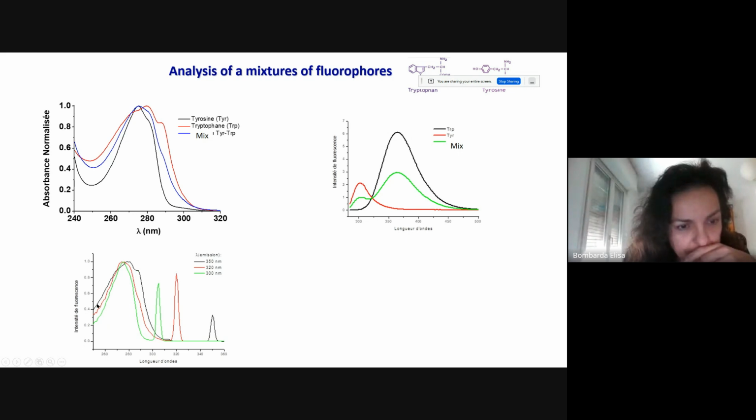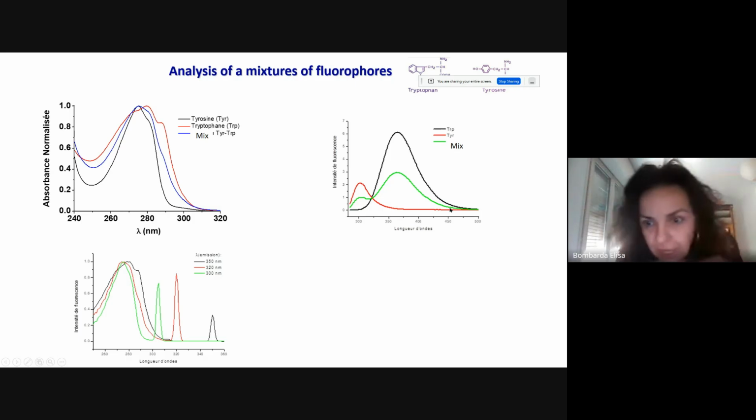If you observe the shape of the curve, it is actually respecting perfectly the shape of the absorbance spectrum of the tryptophan.